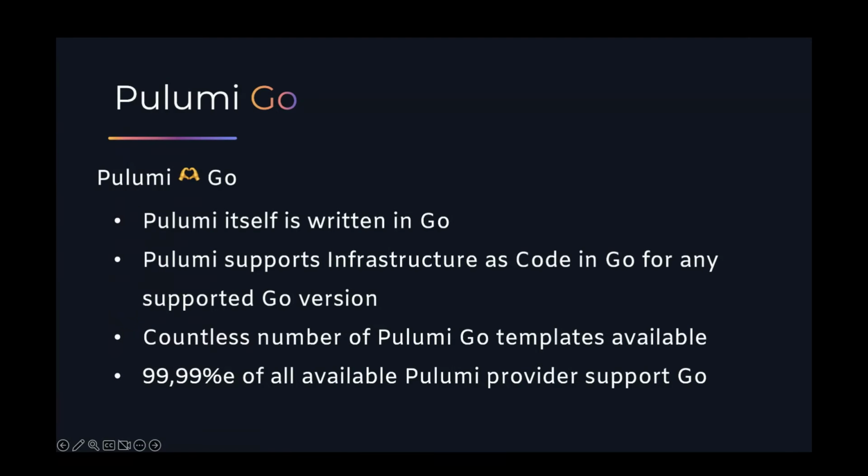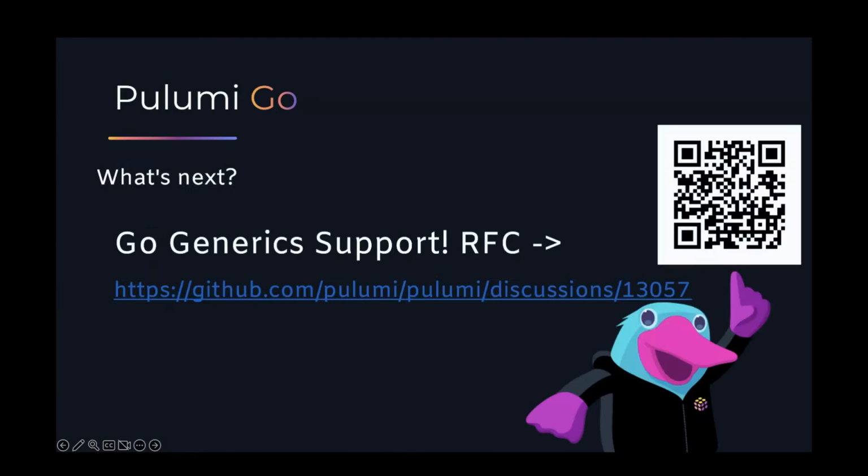Okay, so the last slide before we go over to the workshop is what's next. One of the big things we are working on currently, and you can participate, I put the QR code also there, is generics support in Go. Everybody who worked with Go knows that since 1.18, I think, Go supports generics, and one of the big things is that we want to support them too.